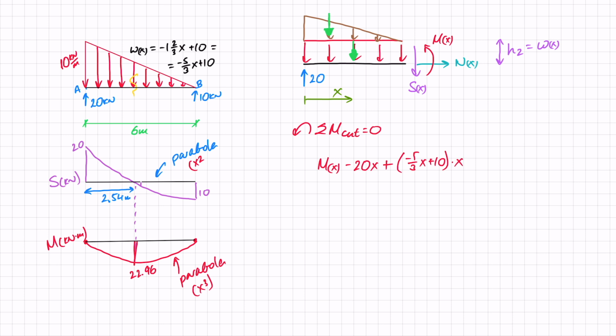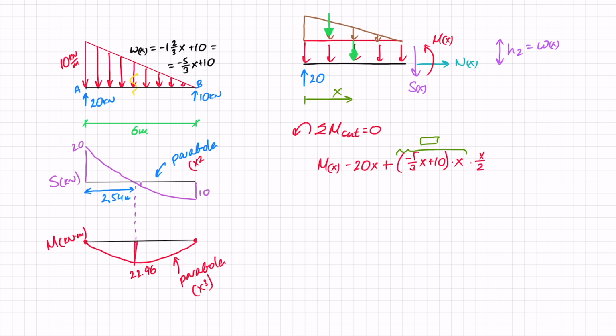That gives me the force once again, and if you'd copied that over from the previous one, that's exactly the same thing. And then we have to multiply by the centroid, which is going to be times x over 2.